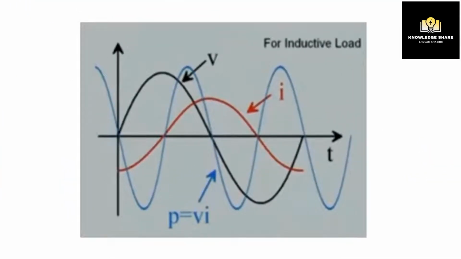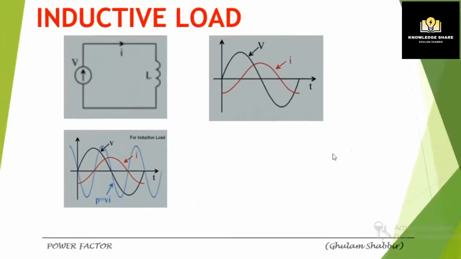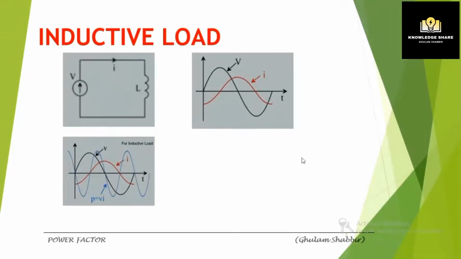So the product, or the power, is 0 because voltage is 0. Then power starts going negative, because voltage is positive and current is negative.